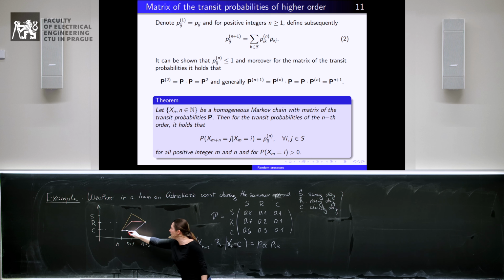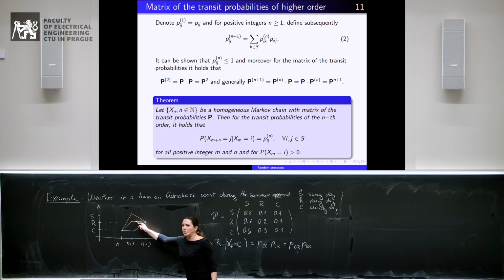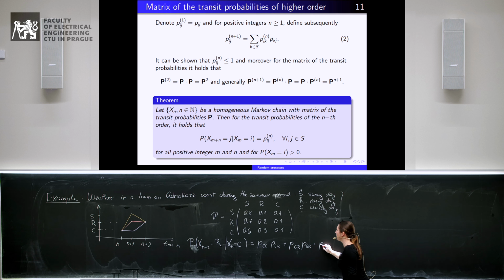It is the probability of the way here below, plus the probability that from cloudy day we go to the rainy day times the probability that we stay in the rainy day. It is the probability of the middle way, plus the probability that from cloudy day we get to the sunny day, and from sunny day we go to the rainy day.